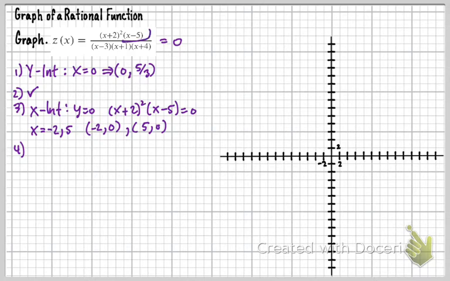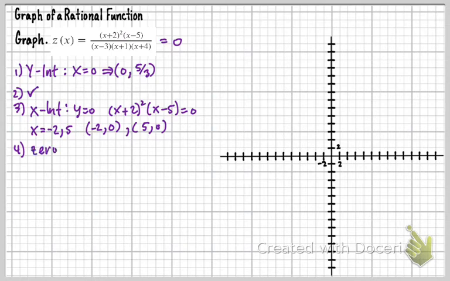And if I look at 5, 0, notice my degree is odd here, and it's a 1 there. So 5 is a 0 of multiplicity 1, and negative 2 is a 0 of multiplicity 2 because I have 2 as an exponent here. So I'm going to write those.